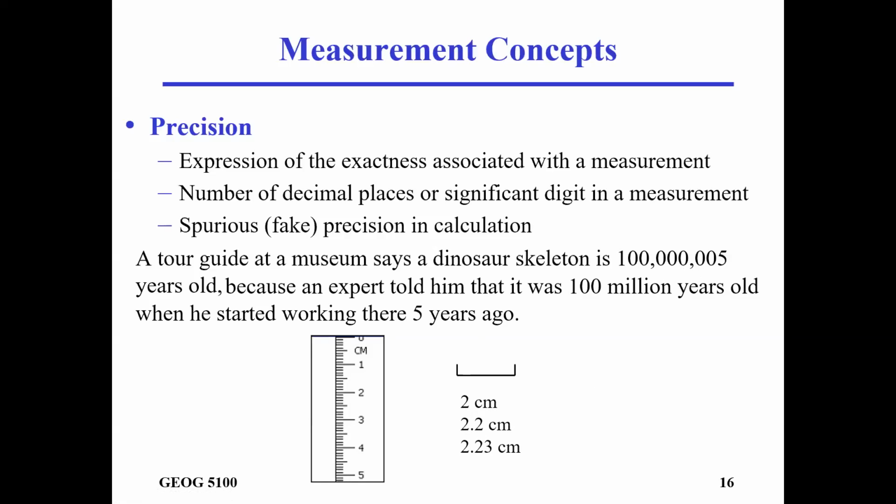If you continue to improve the precision of your instrument, it could be 2.231. It could be 2.2314. Is there an end? No, there is no end to this process. As the science develops, as you have better instruments, you can always make this precision higher and higher. So it's a simple segment, but the measurement of this segment is endless.